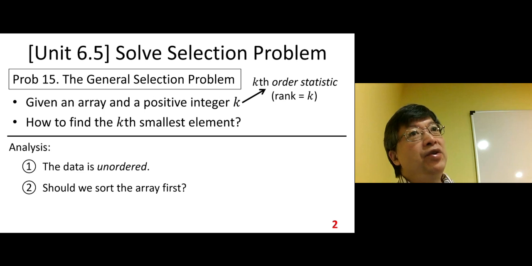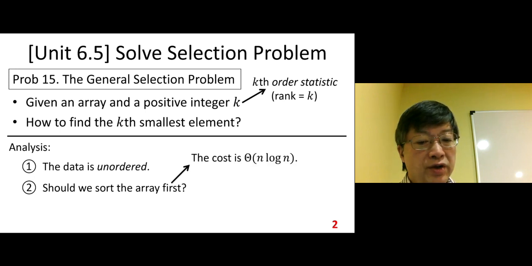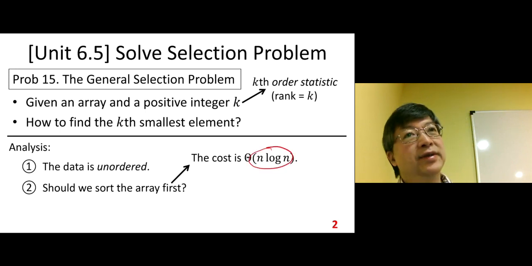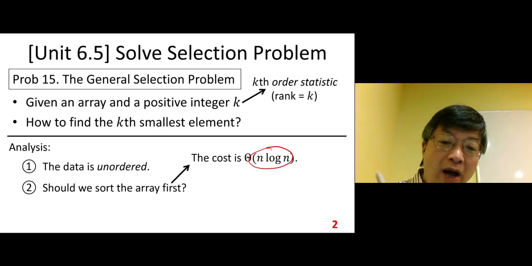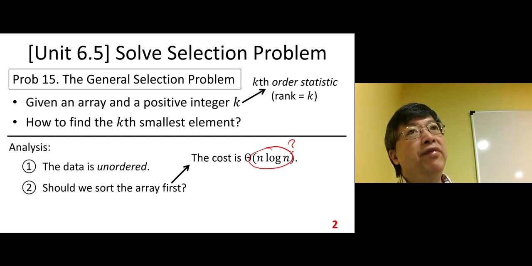If you want to sort the array first, you do too much work. Why? The cost of sorting is theta of n log n. You may ask me why it is this growth function. For a general sorting algorithm, the overall performance is in this category.